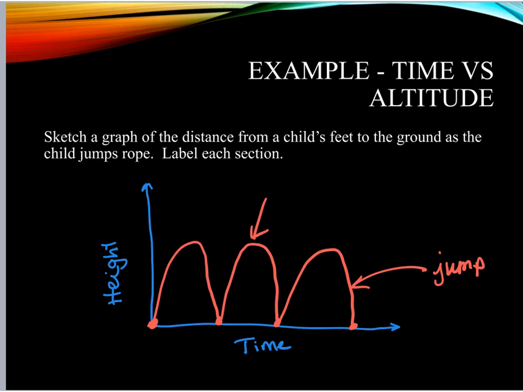The peak is where they have cleared the rope. And each time that the child hits the ground, they're going to hit the x-axis. So this right here is where that child is going to land their jump.